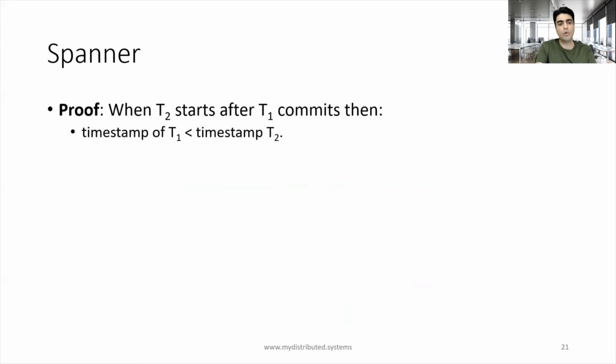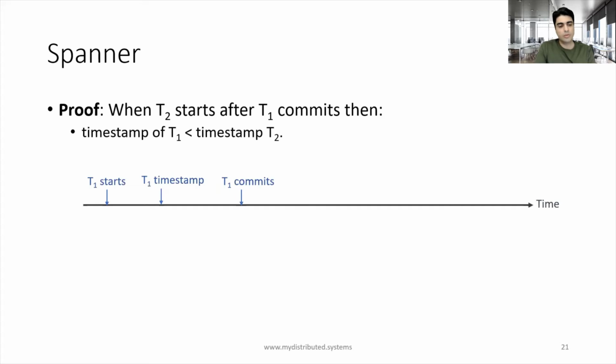Okay, so now let's see how Spanner guarantees proper versioning. We want to prove that whenever T2 starts after T1 commits, then the timestamp of T2 is larger than the timestamp of T1.